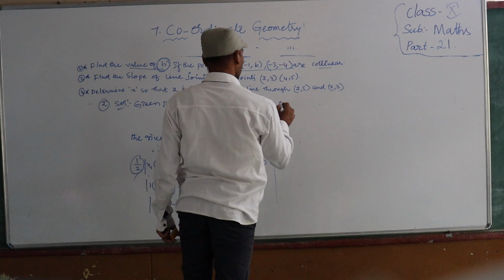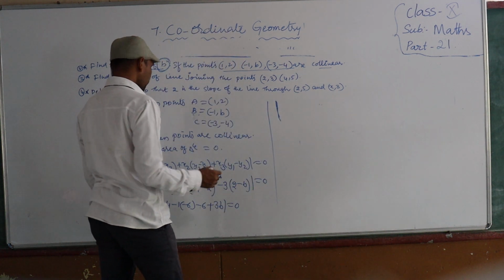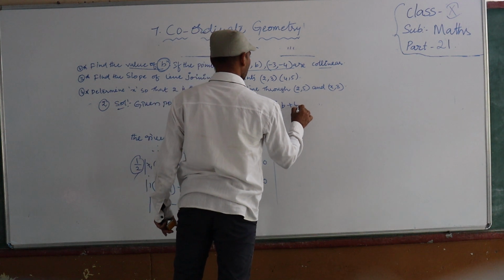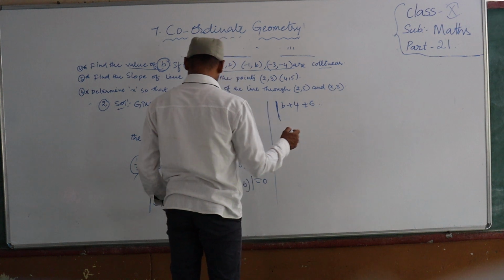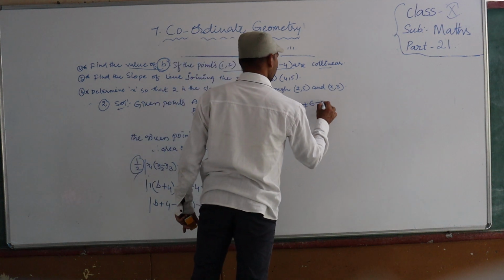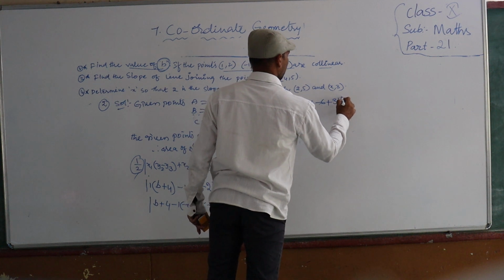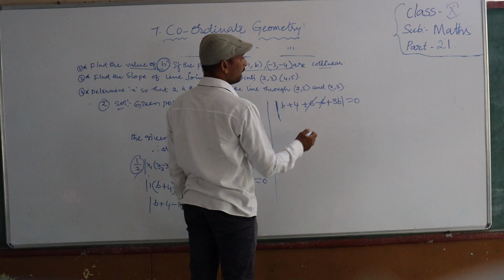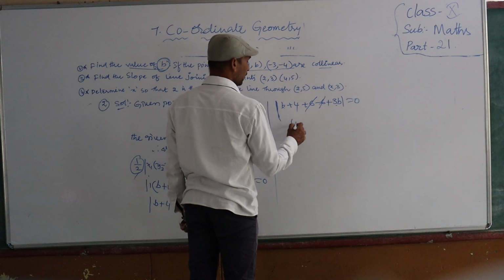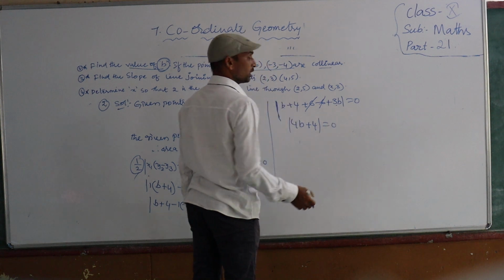That is equal to mod of b plus 4, then minus into minus plus 6, then minus 6, then plus 3b is equal to 0. Then plus 6 minus 6 cancel, 3b plus b is 4b, plus 4 is equal to 0.